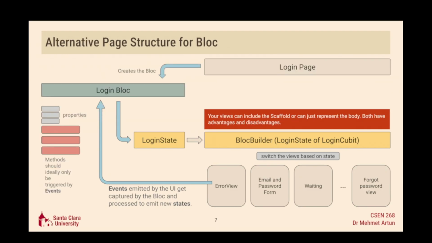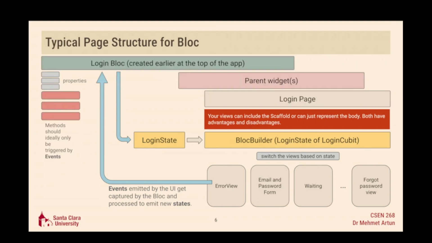This is the way we have implemented it in this code, where our login page created the block. So the block is only visible to the login page. But typically, the block should be all the way at the top. It should be available as a service to anyone, okay?